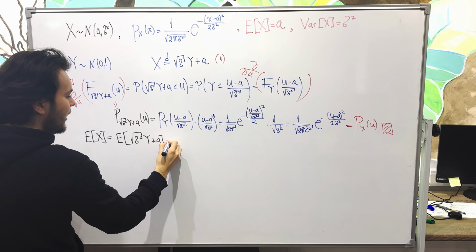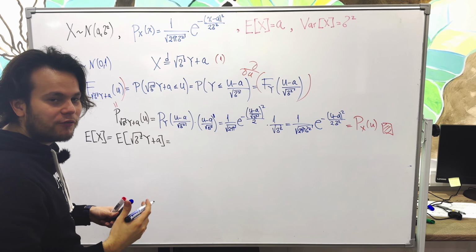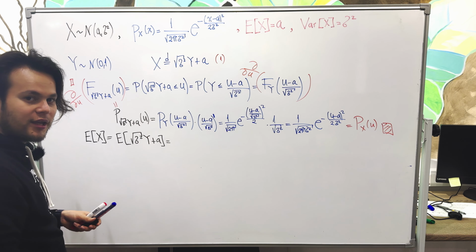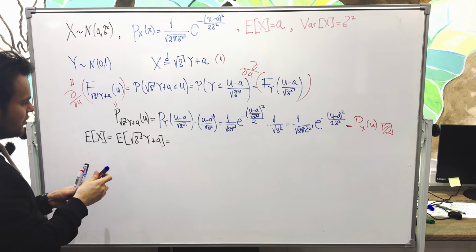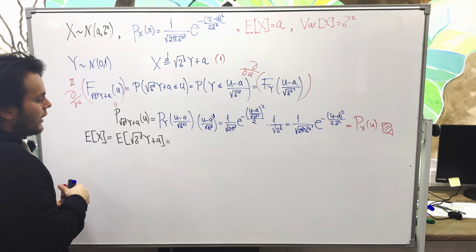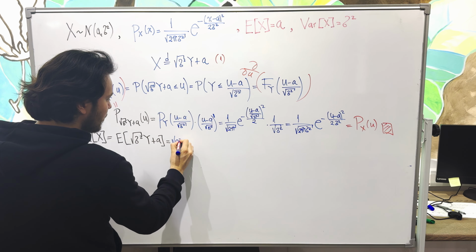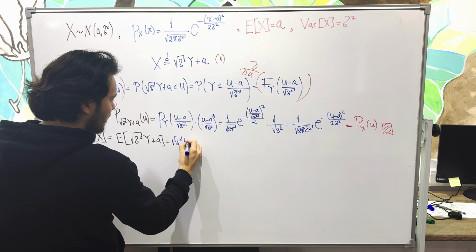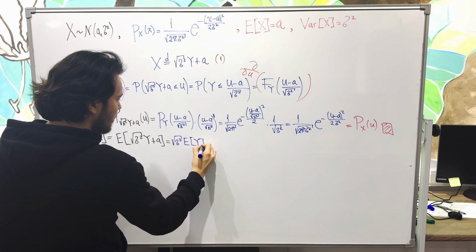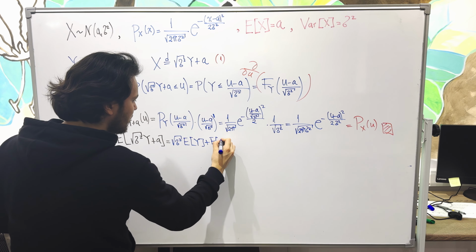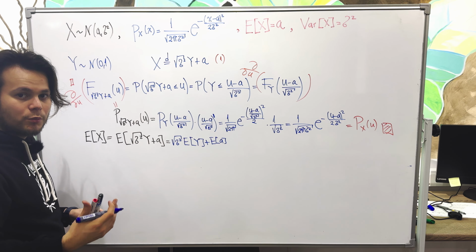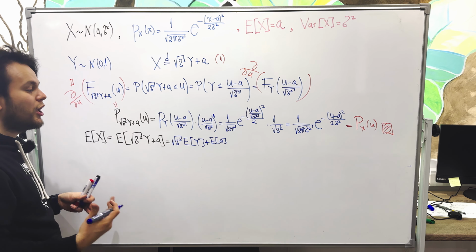And now I just have to use the properties of the expected value that I know, and then I can compute this. So first we need to apply linearity of expectation. So this will be equal to the square root of sigma squared times the expected value of y plus the expected value of a. But a is a constant, which is given, so a is a real number.